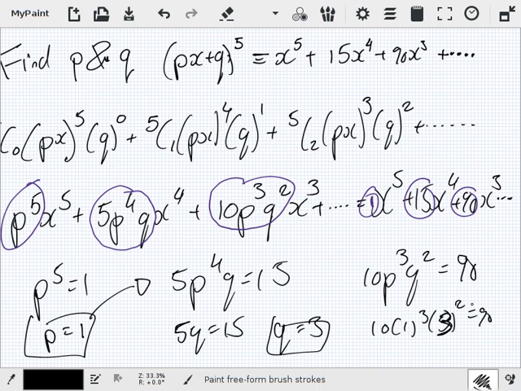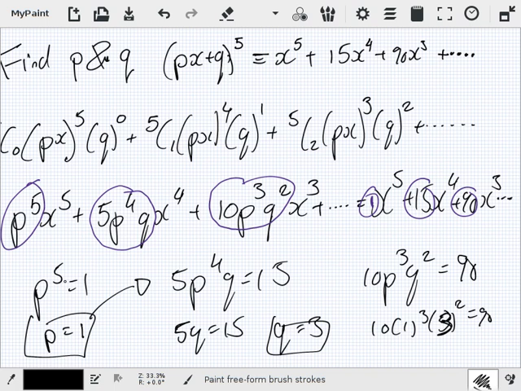Sometimes you have to think about the signs, because if I said p^6 equals 1, what's p? Plus or minus 1. I put it into the second one and I got q. Oh, I'm only comparing coefficients.